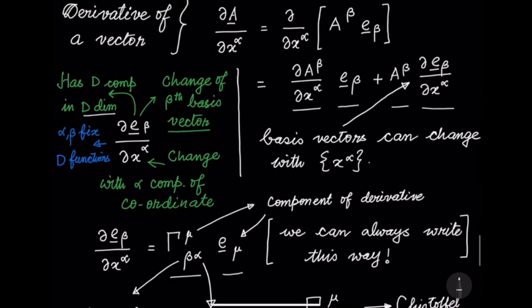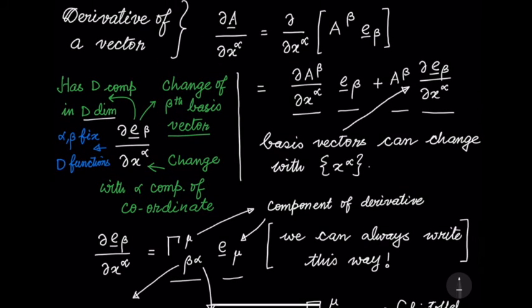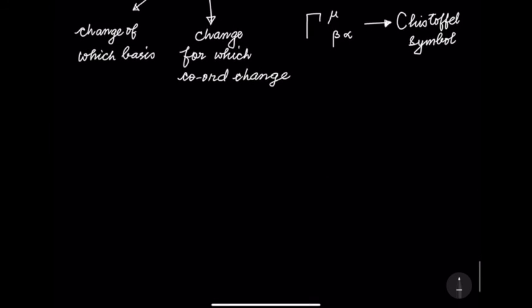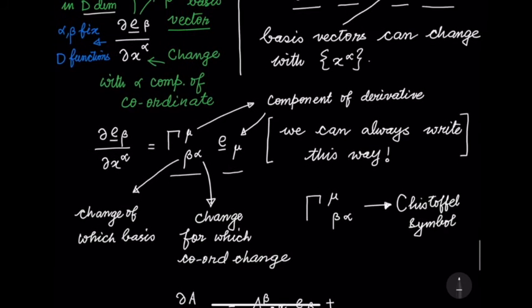Okay. Now I can use this Christoffel symbol to write my derivative. If I write my derivative using the Christoffel symbol, then del A del x alpha becomes, the first term is A beta comma alpha E beta, and the second term now becomes, let's look at what was the second term.